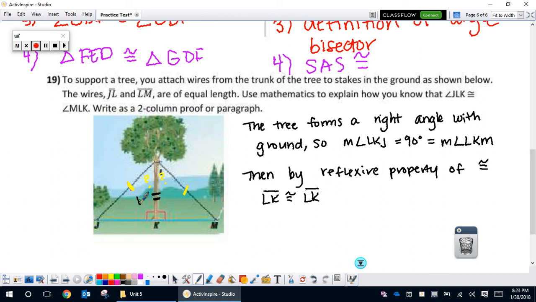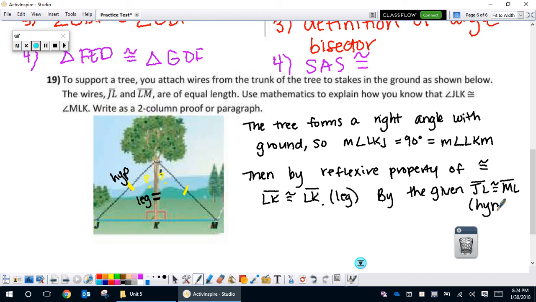And that is actually going to be the leg of our triangle, and they've already told us that, so by the given, segment JL is congruent to segment ML, and those are our hypotenuses. I'm just going to abbreviate hypotenuse.